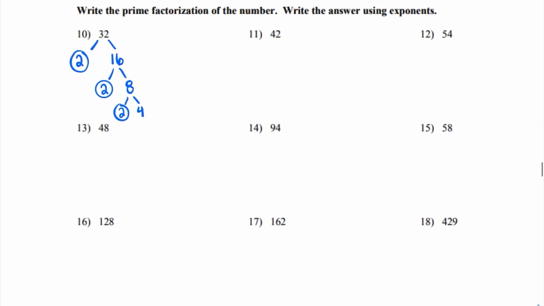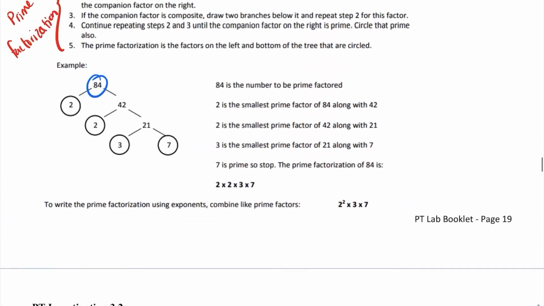Is 4 composite? Yes, it is. It is also even, so I'm going to keep drawing my branches here. So 2 goes into 4, and 2 times 2 is 4. And remember, 2 is a prime number, so we're also going to circle it.